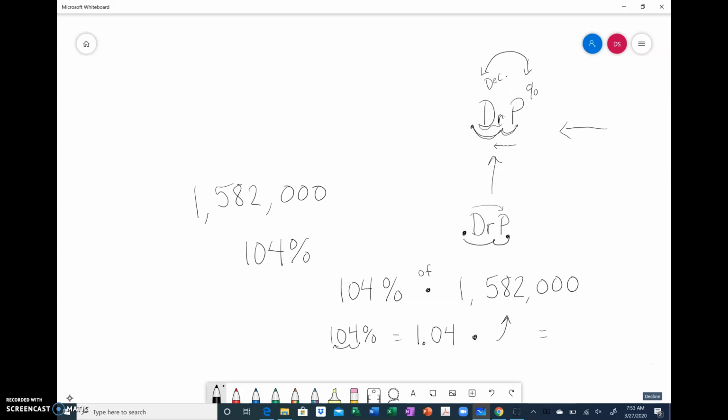Okay, when you multiply it, you use your calculator, because that's some bigger math. You should get, so if you want to pause it and work it out, do that. You should get the answer 1,645,280.